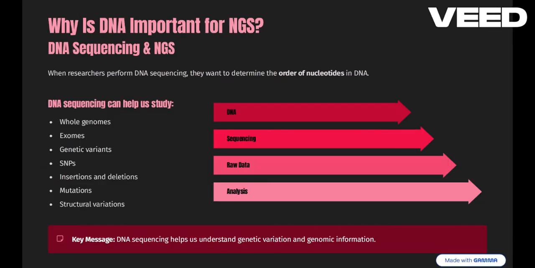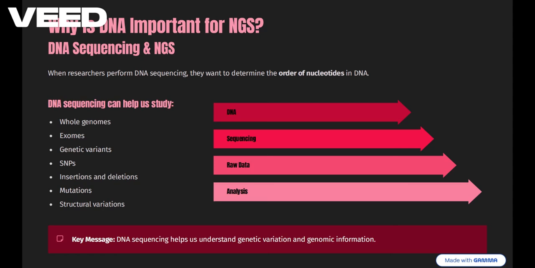Now let's connect DNA with NGS. When researchers perform DNA sequencing, their goal is to determine the sequence or order of nucleotides in DNA. Using NGS, we can study many different types of genetic information. For example, we can sequence an entire genome, known as whole genome sequencing. We can study the exome using whole exome sequencing. We can identify genetic variants, SNPs, insertions and deletions, mutations, and structural variations.